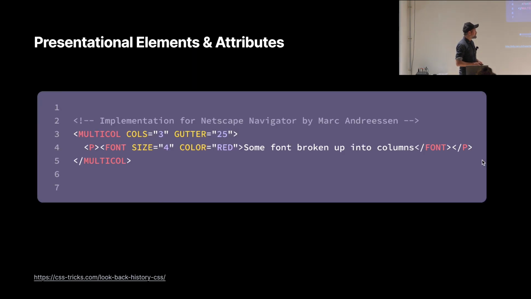One way you could style a website was to use presentational elements and attributes. As you can see here, this one creates a multi-column element, and this one is an attribute for the columns. So we solved this in the HTML. This was only one way, there were others.